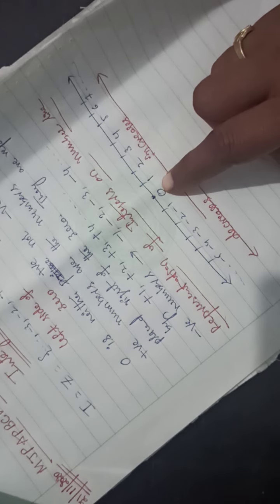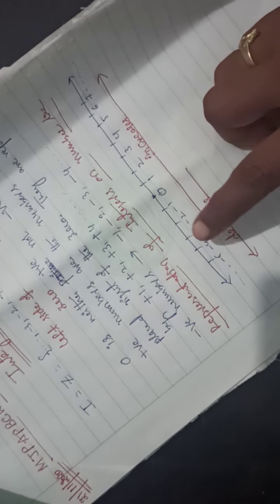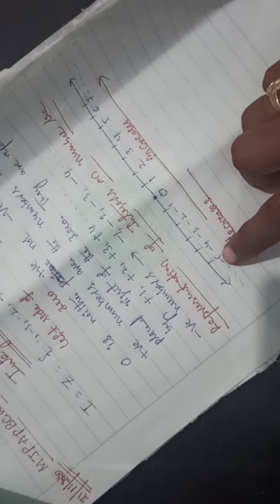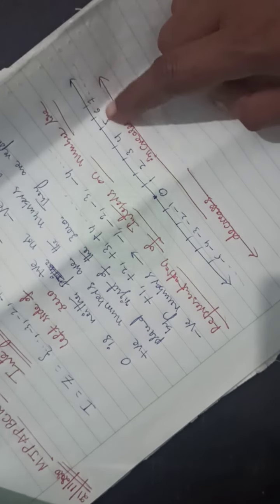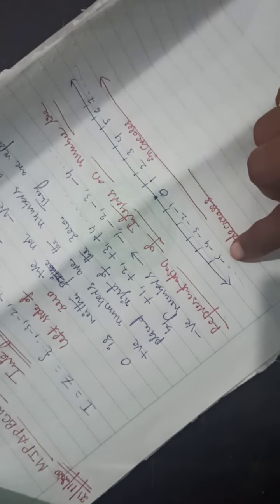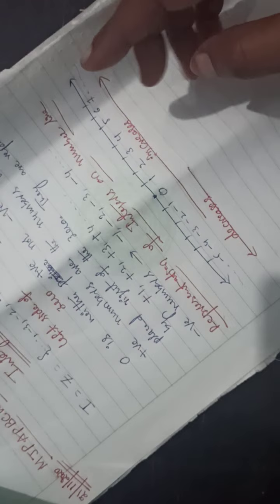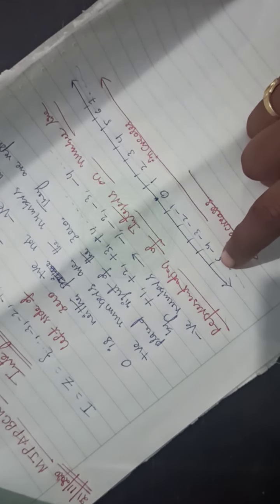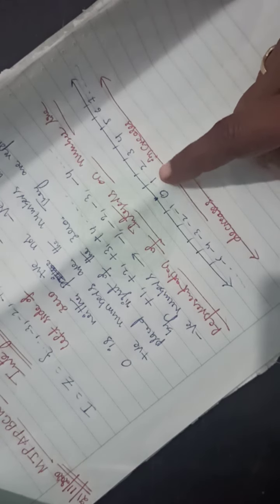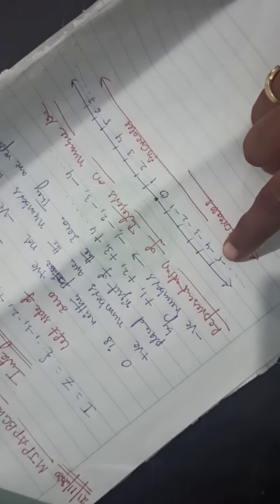Now I am asking you, which one is greater, either -5 or +5? Definitely +5 is greater than -5 because it is on the right side of 0. -5 is on the left side of 0.